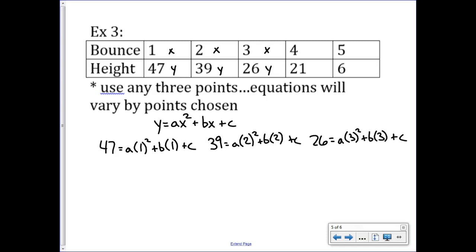So I'm going to go ahead and simplify all of those. So I get 47 is equal to a plus b plus c. I get 39 is equal to 4a plus 2b plus 1c, or just c. And I get 26 is equal to 9a plus 3b plus c.